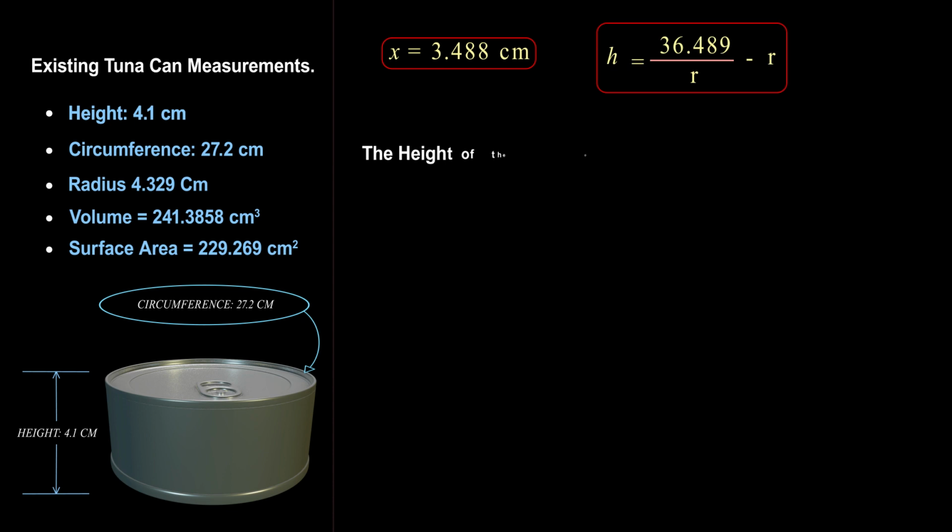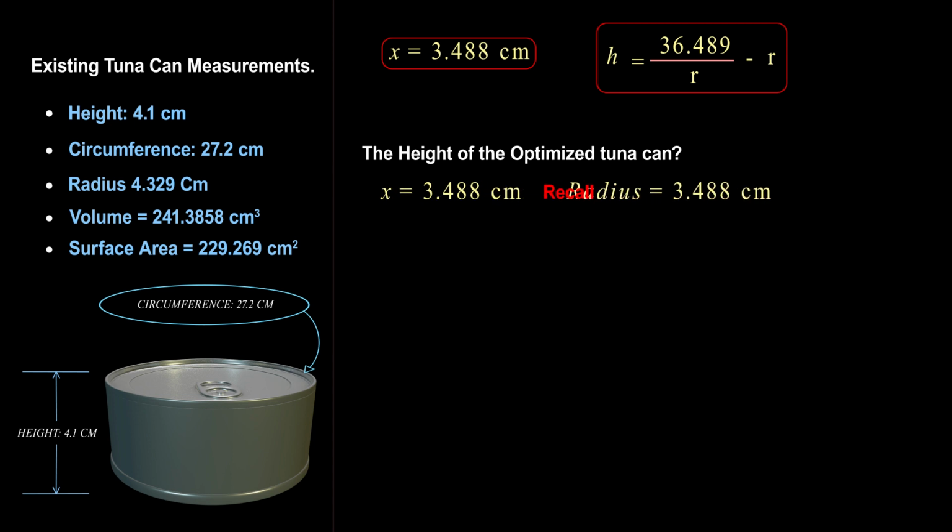We now need to find the height of the optimized tuna can. In order to do so, we'll need to substitute the value of x found earlier, which is equal to 3.488 centimeters, into the equation to calculate this height. Recall that this value of x is the radius of the can. We had earlier obtained the equation for the height of the can, h, in terms of r.